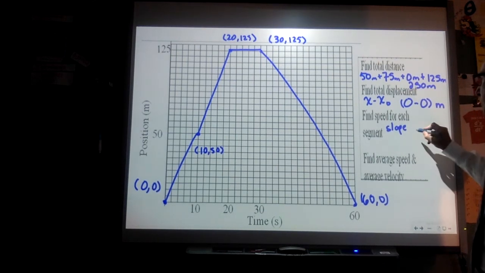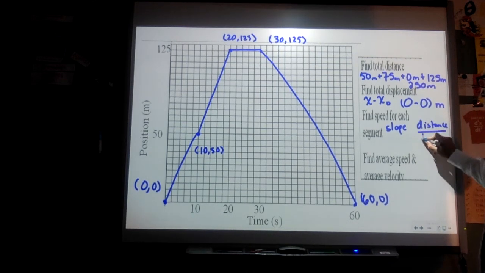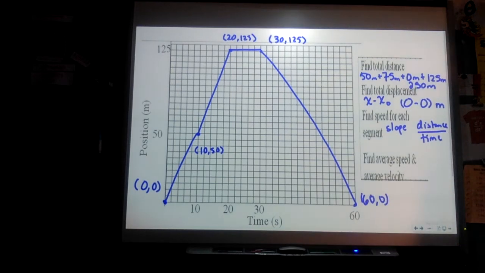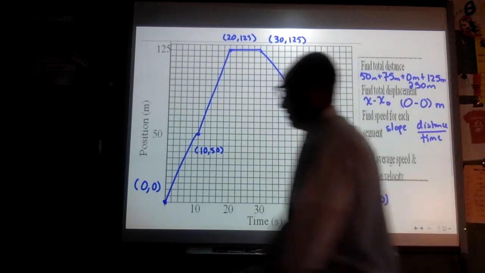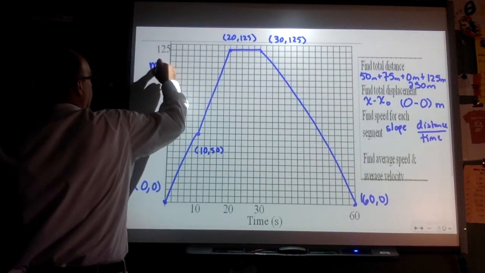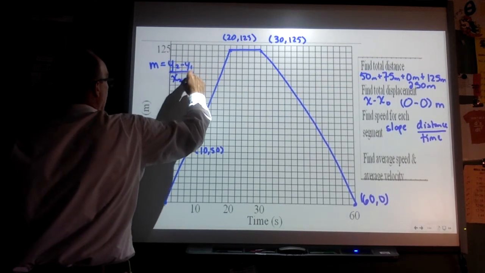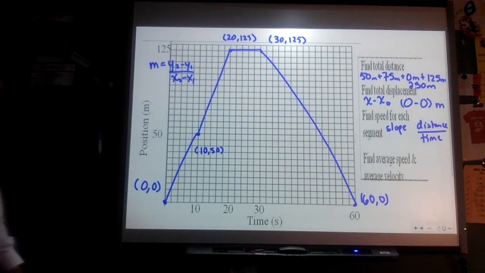And this is going to be the total distance over time. So looking at what we have for our first segment, remember our slope formula is y2 minus y1 over x2 minus x1.